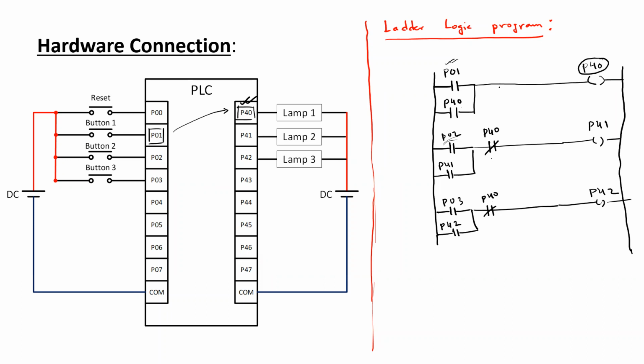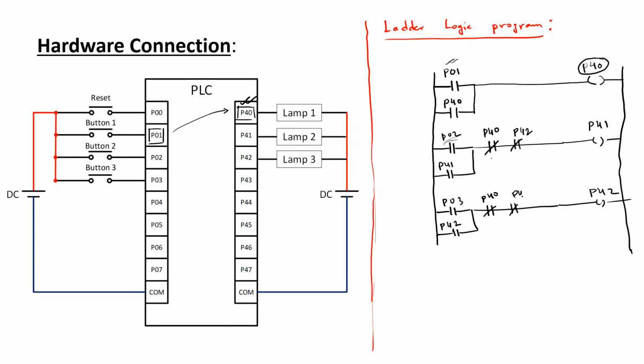So for each individual participant, we have to consider this scenario. So for participant 2, we also have to consider the scenario of participant 3. What would happen if participant 3 presses the button first? Then we should place another normally closed contact in series with the other one. Here we should consider the fact of participant 1 and participant 2.